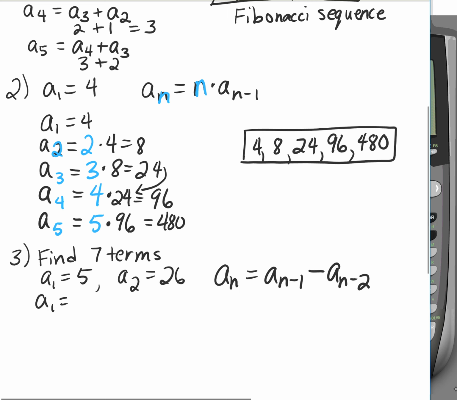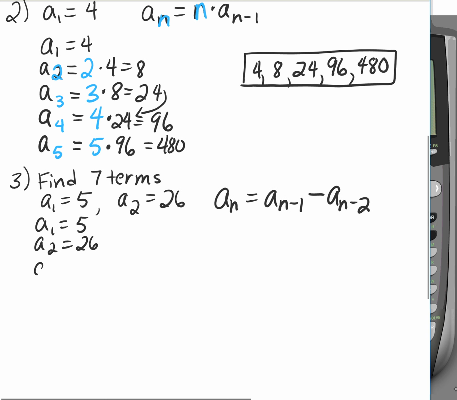So similar to the first one, except we're subtracting, so we'll get a slightly different result. If I take the previous term, which is a2, and subtract 2 terms before, which is a1, I get 26 minus 5, or 21. So we're going to list out my sequence off to the side.